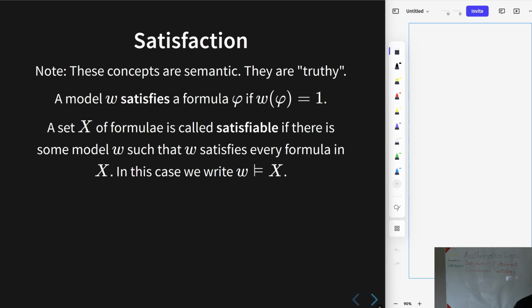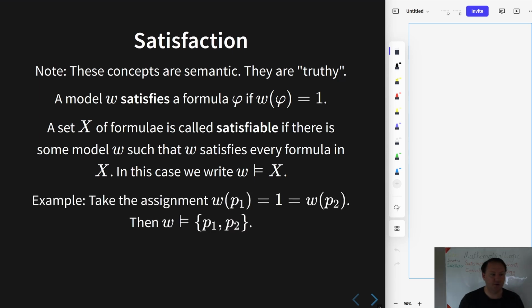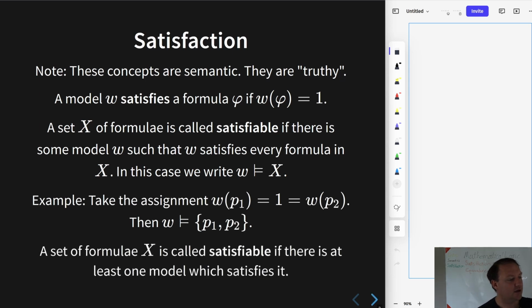We have some notation for this. When W satisfies the set X, we write it with this double turnstile symbol. Here's just a quick example, probably really clear what's going on there, so I won't talk it out. And one further piece of vocabulary on this slide is that a set is called satisfiable if there is at least one model which satisfies it.